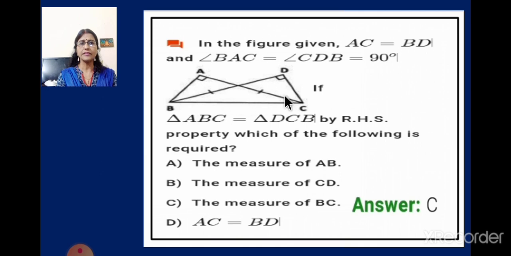Now this side also should be equal, and this is called the hypotenuse. So this is BC. So we need to know the measure of BC. So which option is that? C. So answer will be C option. If we get the measure of BC, then we can prove that these two triangles are congruent by RHS property.